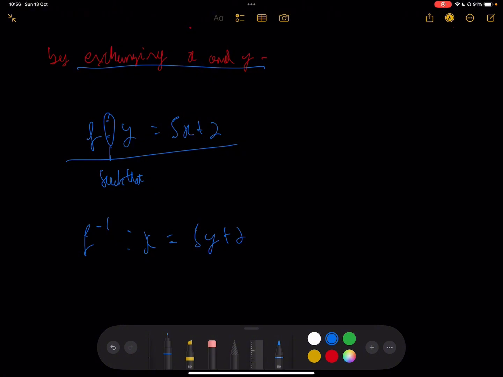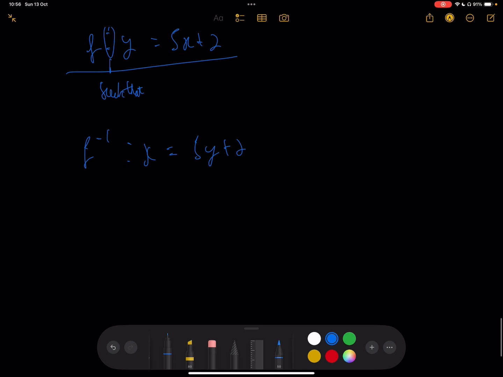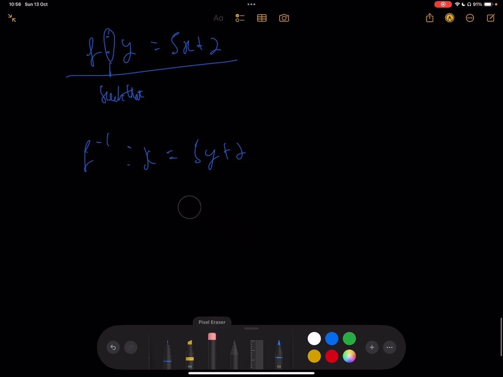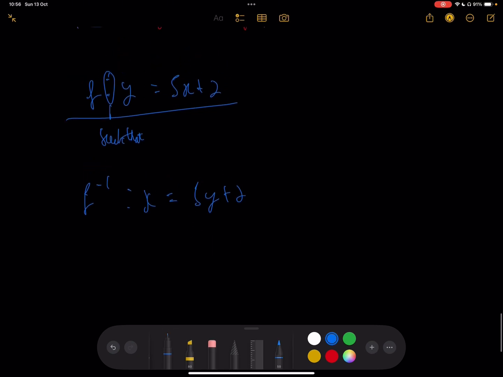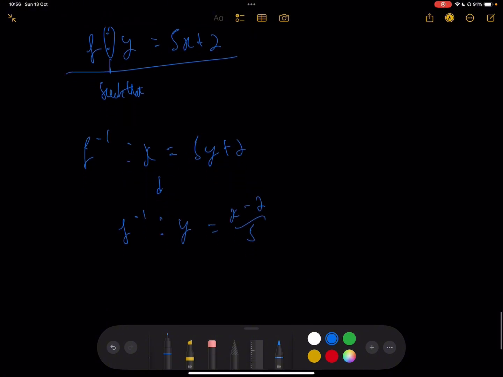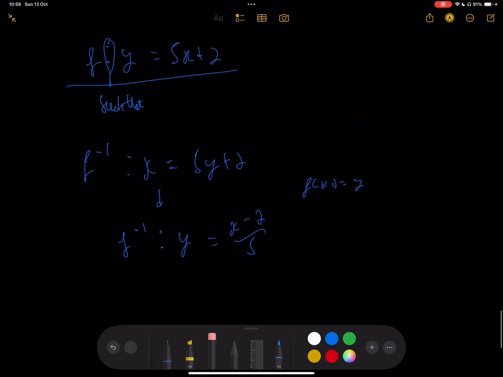Right, so we can also rearrange this to find the actual inverse function, which is such that y is equal to x minus 2 over 5. Because it's important to note that f of x is equal to y. Right? So you typically just do it how you would find an inverse function.